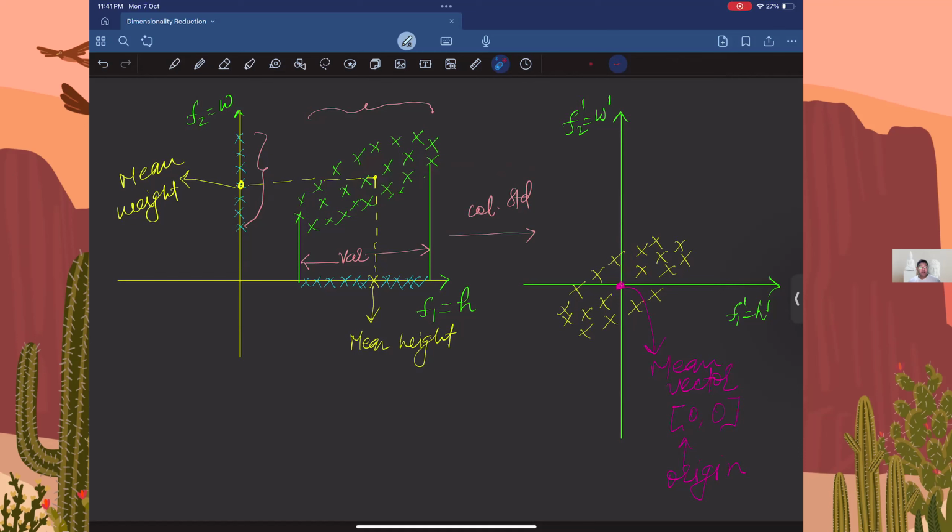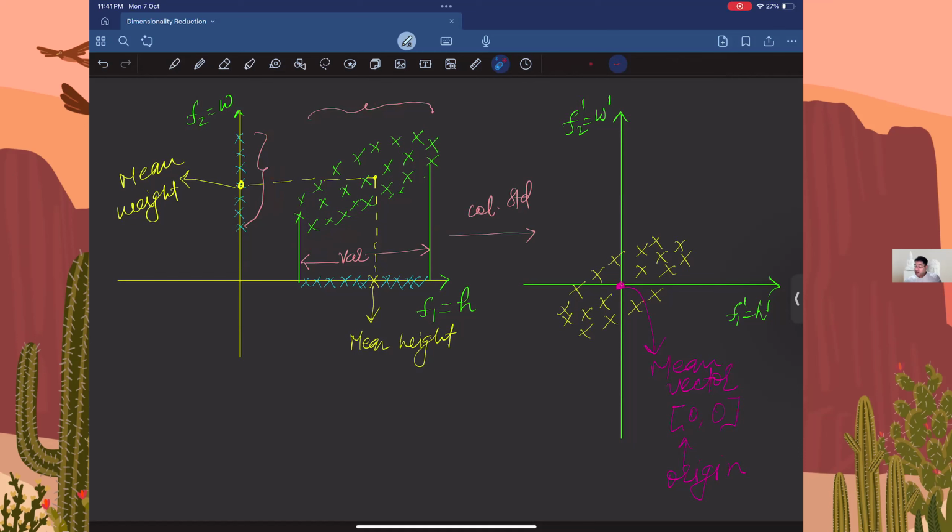Then, when I move my mean, comes the standard deviation or the spread. So what is the spread that I get on the x-axis right now? Earlier I was getting this spread on the x-axis, and this was my spread on the y-axis.